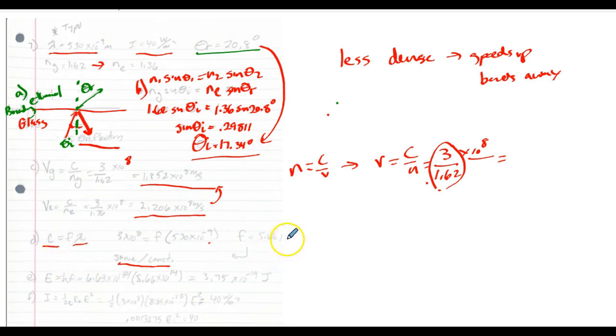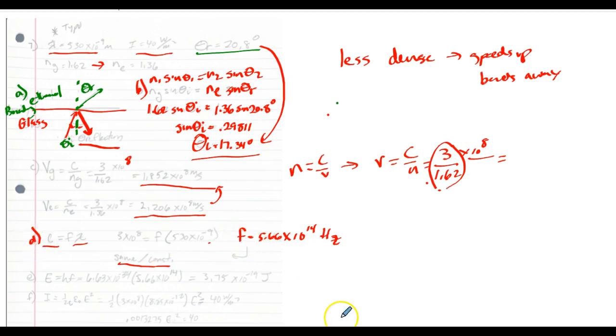So this got cut off, so let me write it out. So I got 5.66 times 10 to the 14th. All right, so that's your answer for the frequency in part D.